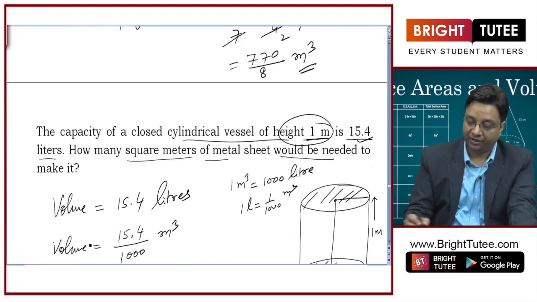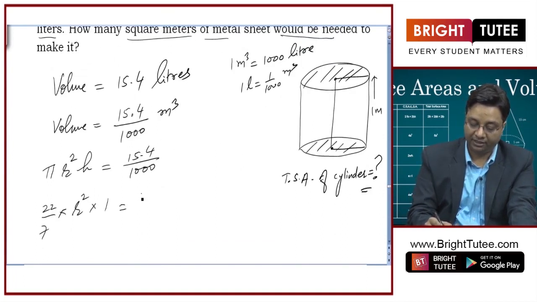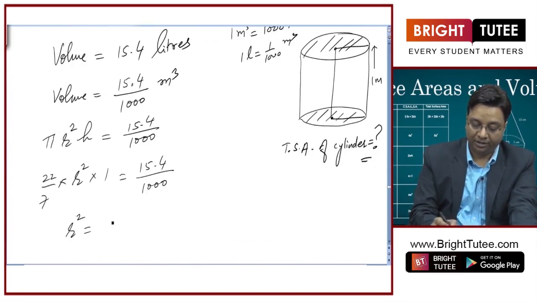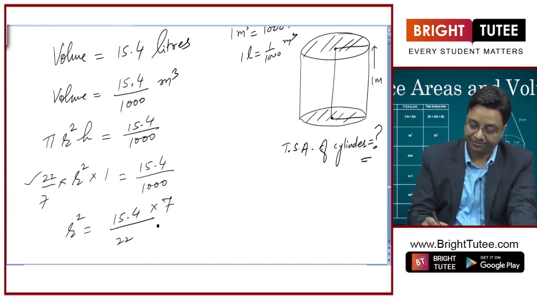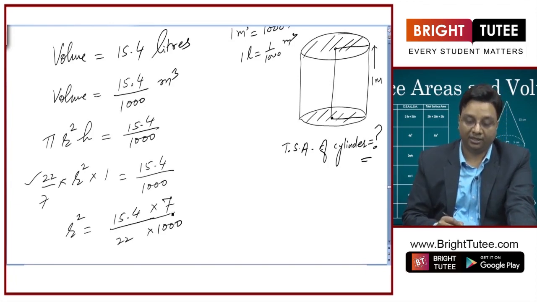Height is 1 meter. So I will write 1 here and it is equal to 15.4 divided by 1000. Now r square will be equal to 15.4 divided by 22 multiplied with 7 and divided by 1000. So this is r square.